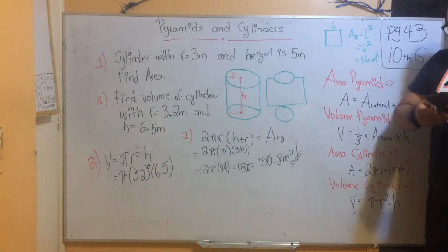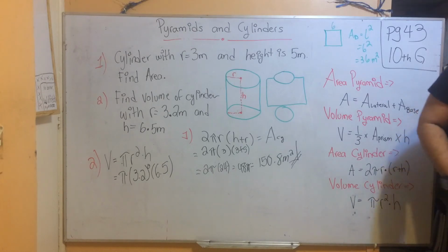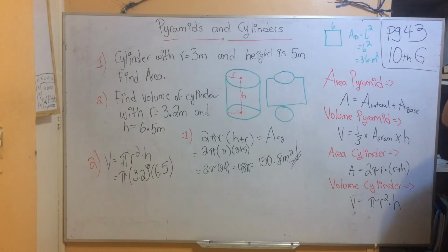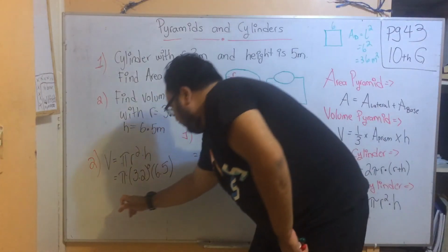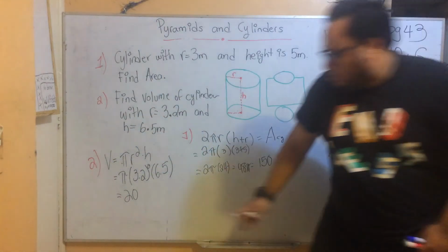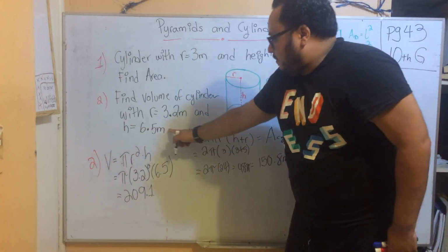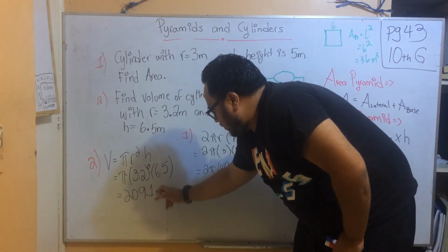So we take our calculators: 3.2 squared is 10.24, times 6.5 is 66.56, times pi. That gives us 209.1. And we're talking about meters, so it's meters cubed.